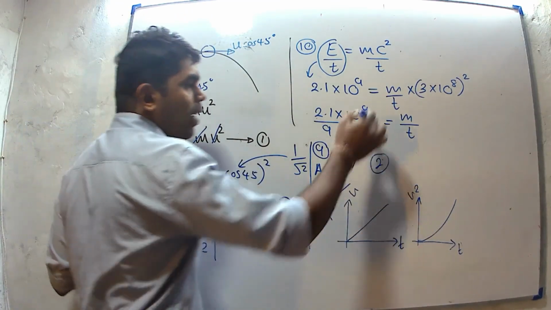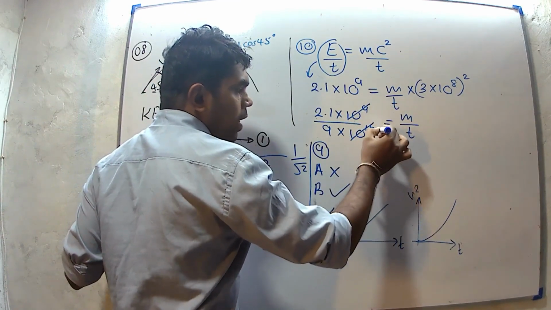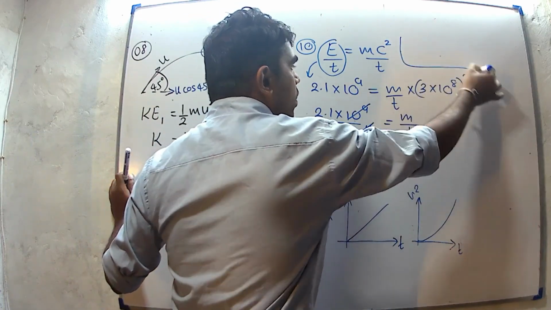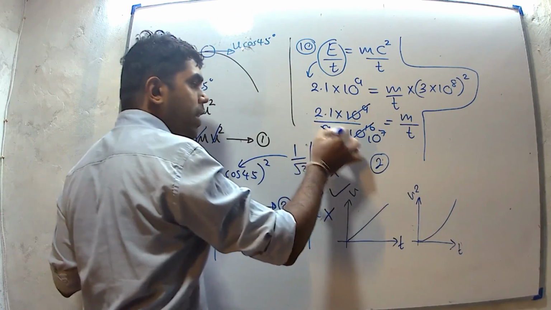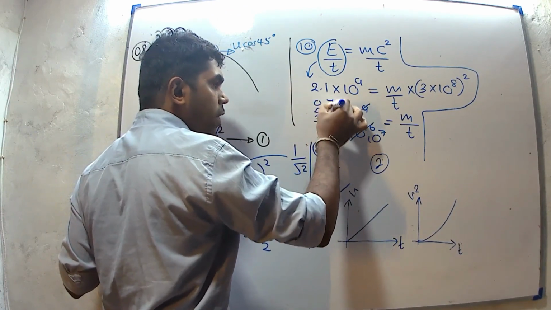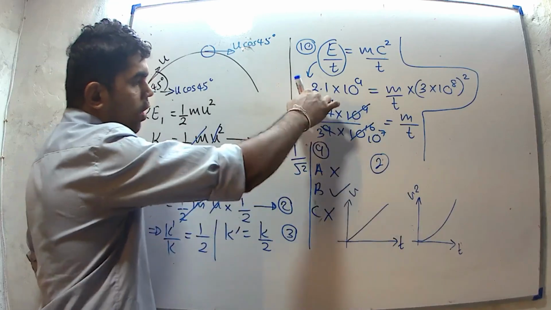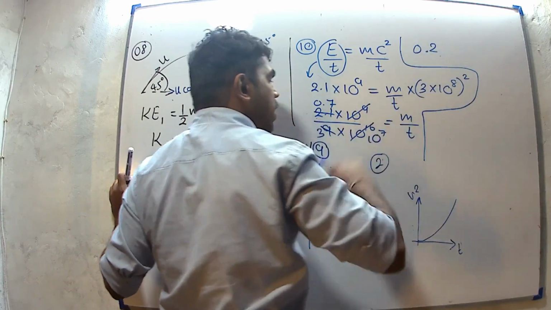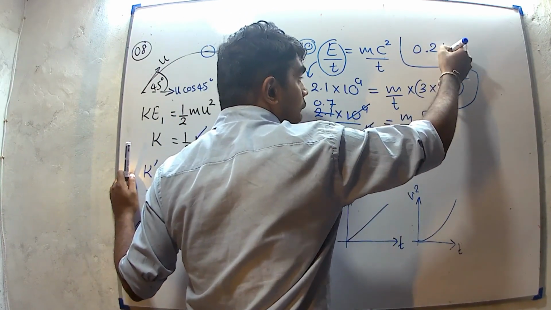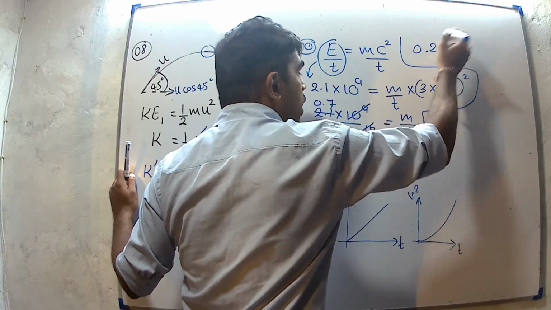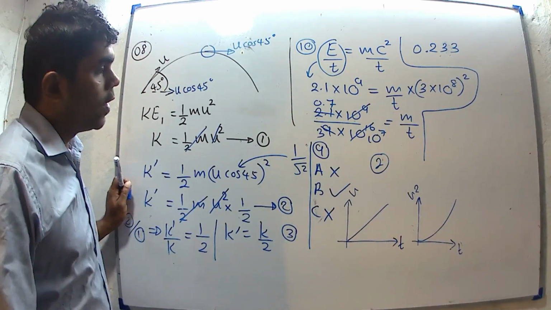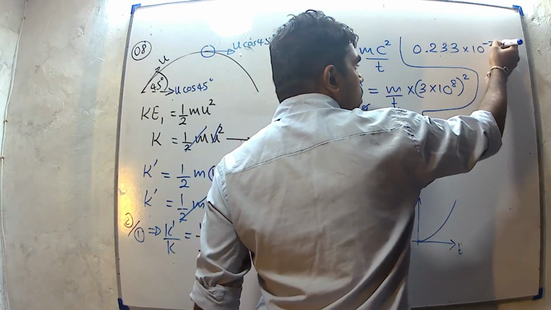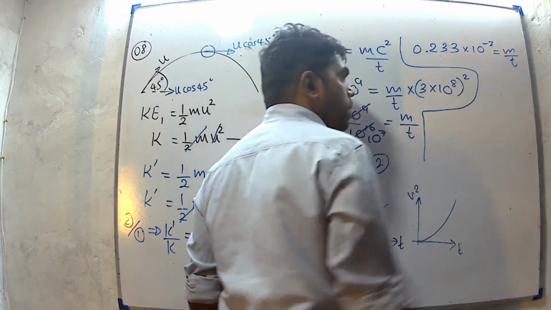Now we can cancel out the 10 to the power terms. 10 to the power 7 remaining. Then we can simplify it. We can cancel out by 3. 0.7 divided by 3, 0.233. Into 10 to the power minus 7. It is the mass loss per second.